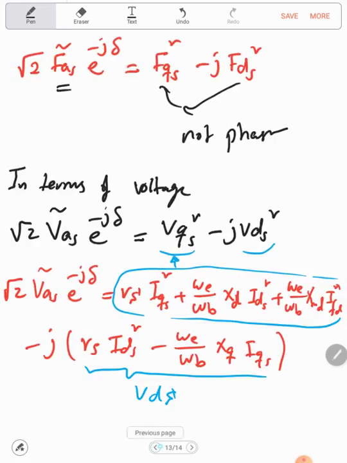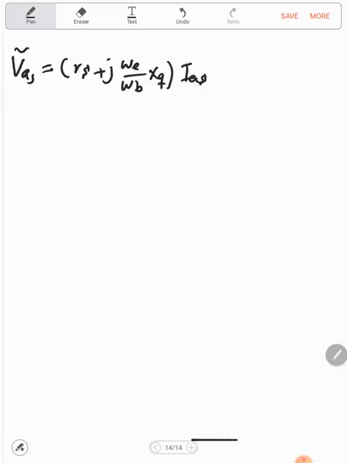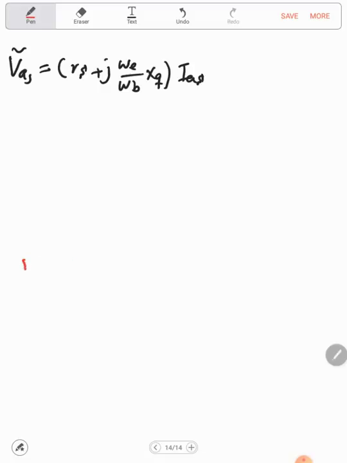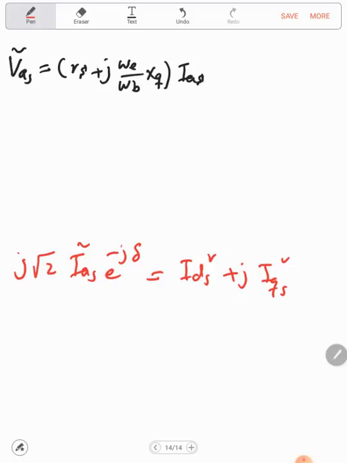So if we spread the variable, we can write VAS as a phasor equal to RS plus j omega E over omega B XQ multiplied by IAS. Here the same. We can write also that j square root of 2 IAS as a phasor exponential of minus j delta will equal IDSR plus j IQSR, which we already use here.